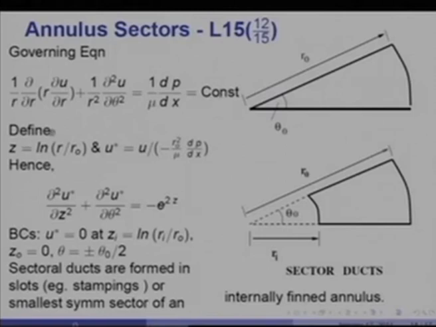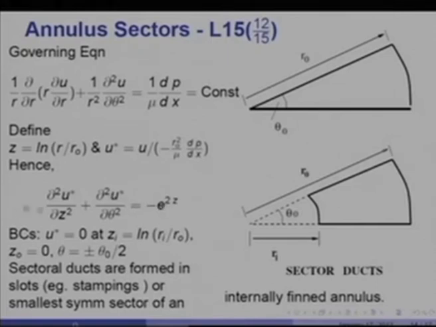And here is a little trick which you must bear in mind. Z equal to ln(r/r_o) and u star equal to u divided by (minus r_o²/μ dp/dx). Then you will notice that d²u star/dz² plus d²u star/dθ² equals minus e raised to 2z.